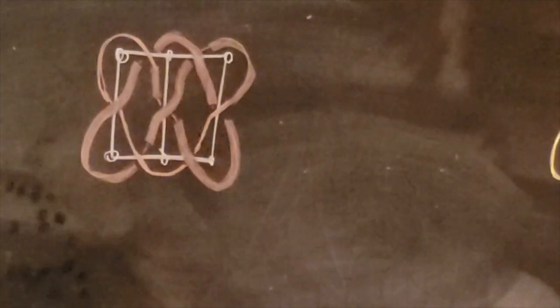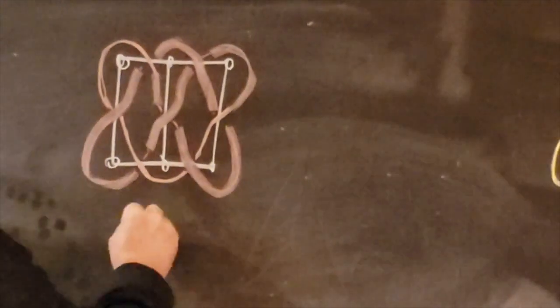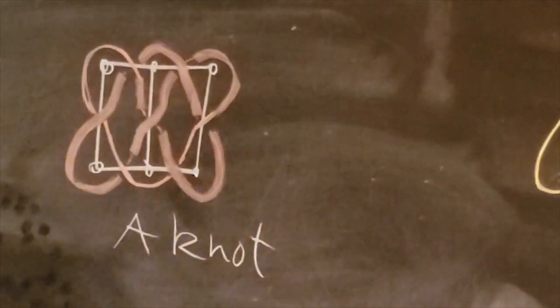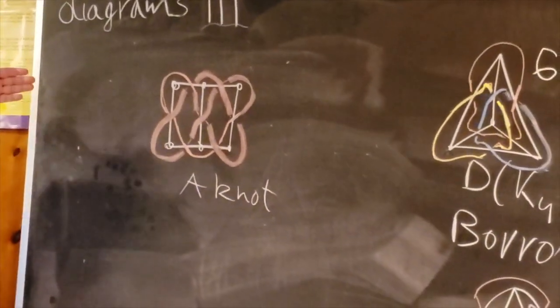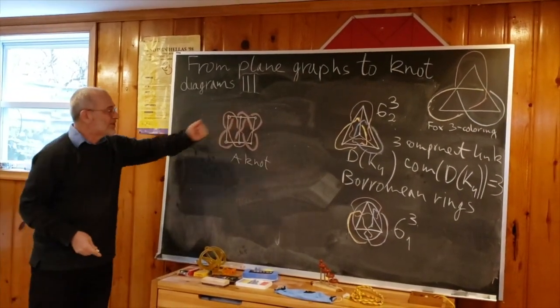It's clearly a knot. So, as I said, this is a knot, or a link of one component. So now we'll study plane graphs and knots or links related with such diagrams.